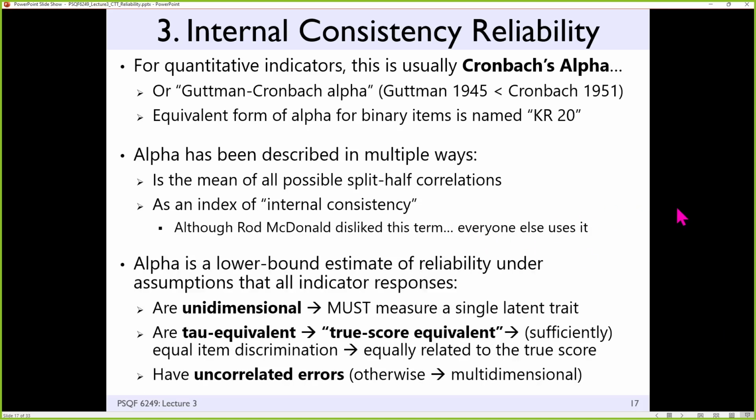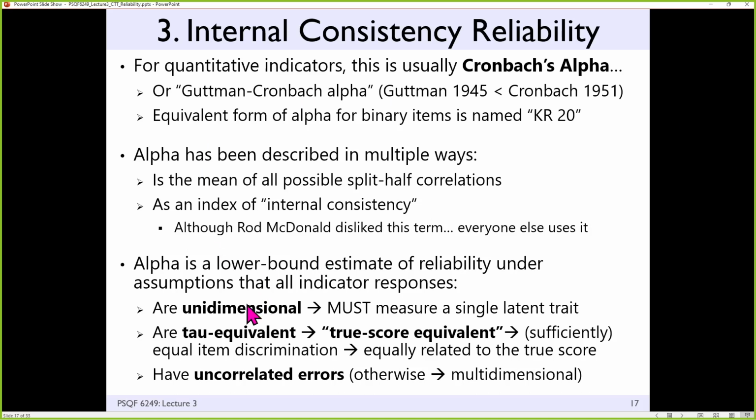Alpha is a measure of reliability that other people call internal consistency. I think that phrase is responsible for a lot of the misconceptions in what alpha can tell you and what it can't. Alpha cannot tell you whether items go together to measure one thing. Alpha cannot index dimensionality, based on the way that it's computed.